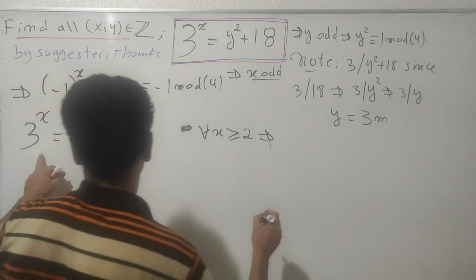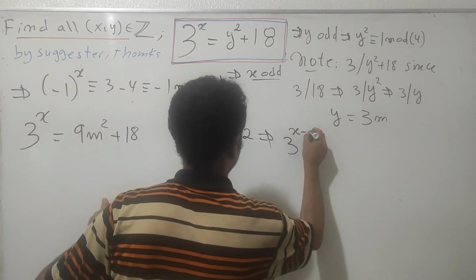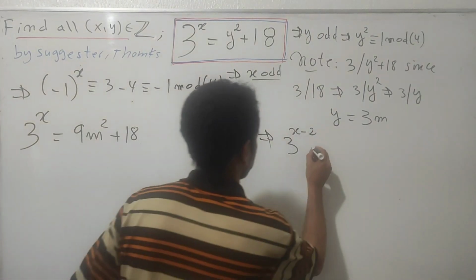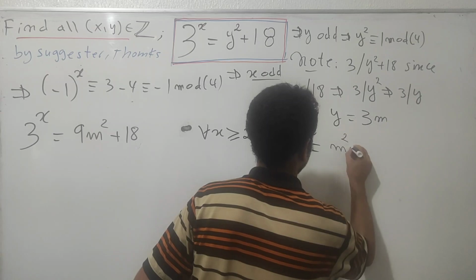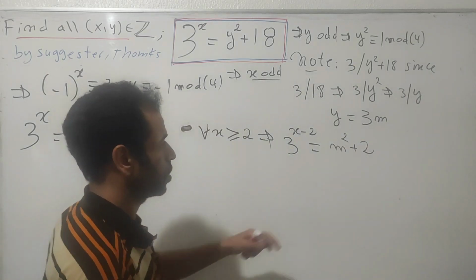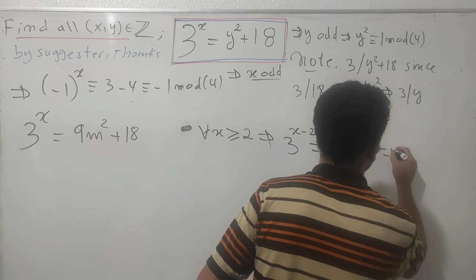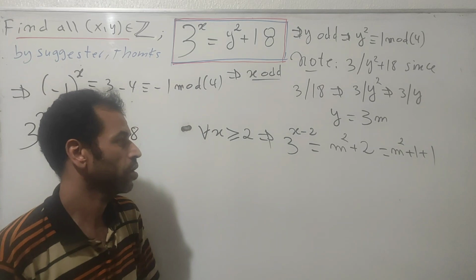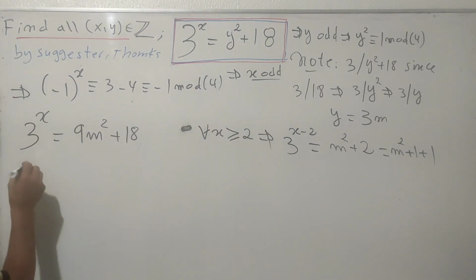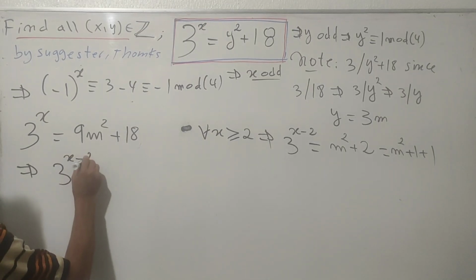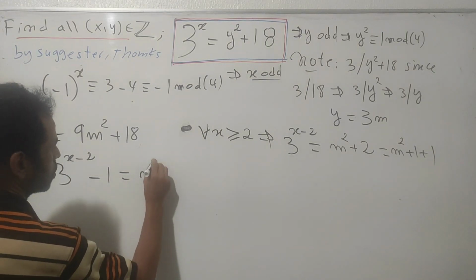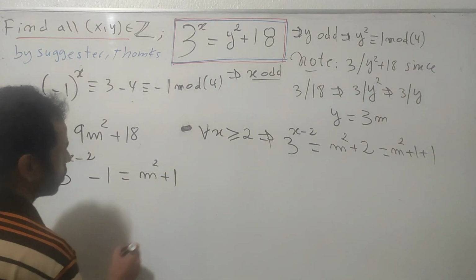I will have a nice expression here: 3 to the x minus 2, divided on both sides by 9, so I get m squared plus 2. This number 2 is the same as 1 plus 1. Let's take this number 1 to the left side. We get 3 to the x minus 2, minus 1, which equals m squared plus 1.